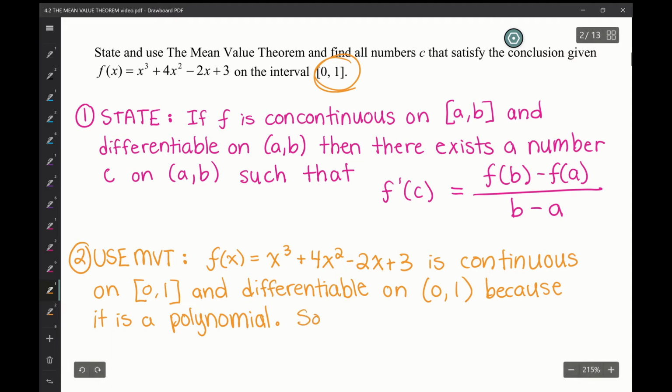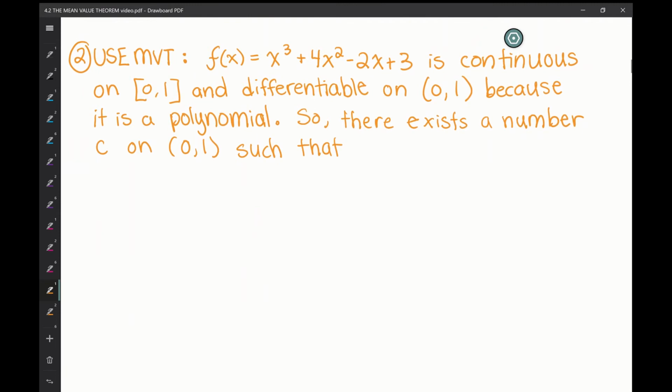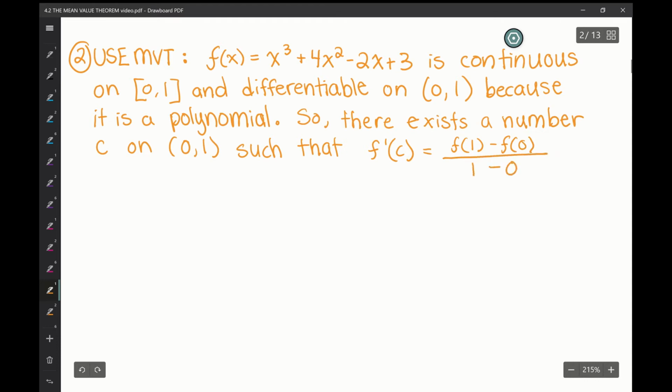Because this is true, there exists a number c on the open interval from 0 to 1 such that f prime of c is equal to f of 1 minus f of 0 all over 1 minus 0.